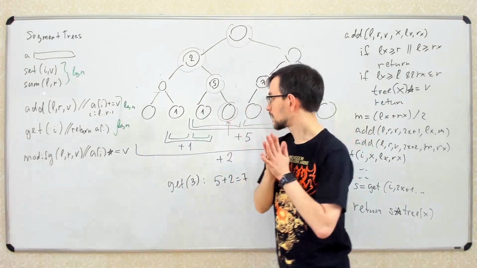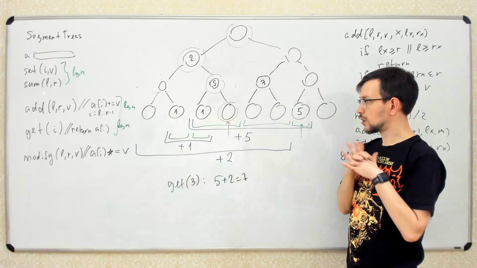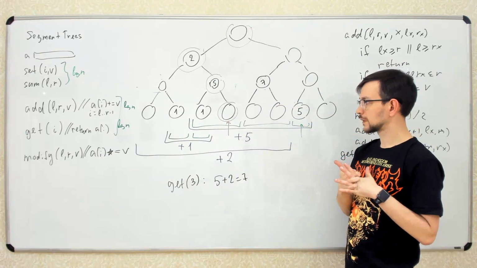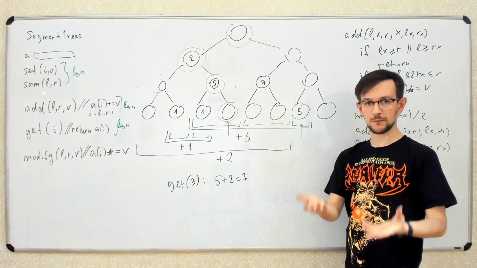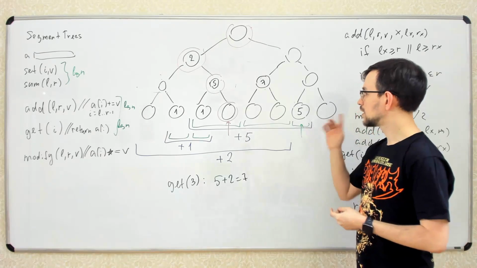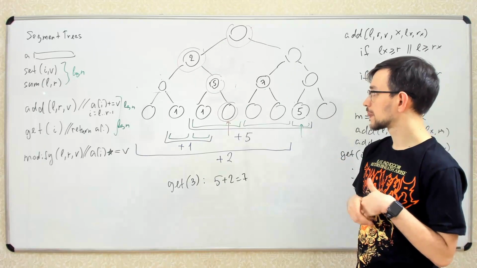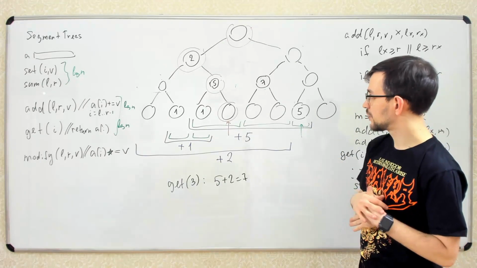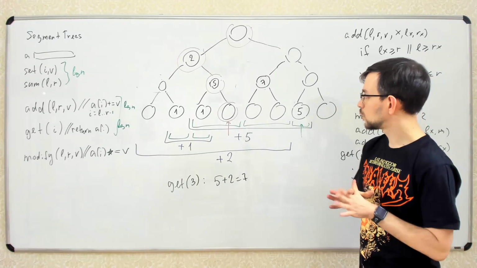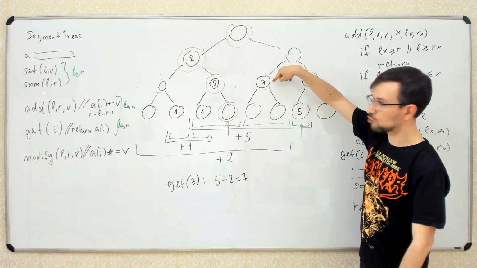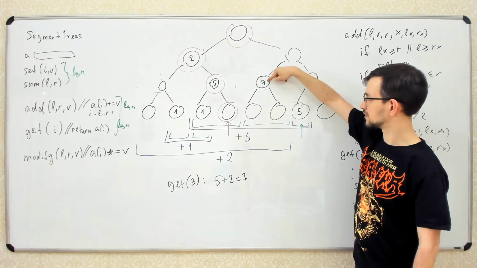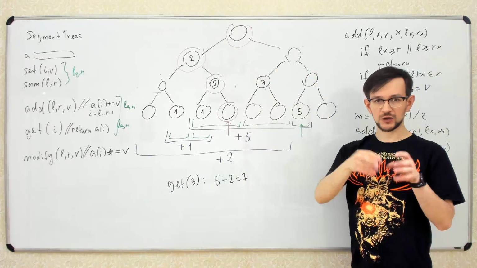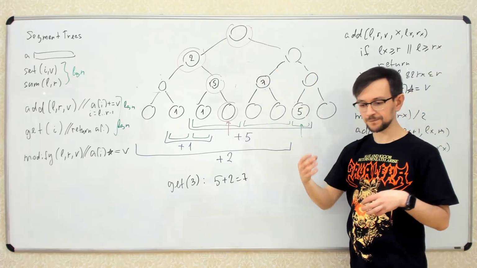Let's go. So let's think about what's going on when we apply the operation. We used several properties of the plus operation when we made this algorithm. The first property is pretty simple. Let's see what happens to this node. Why do we have 7 here? Because we add 5 and then add 2, right?